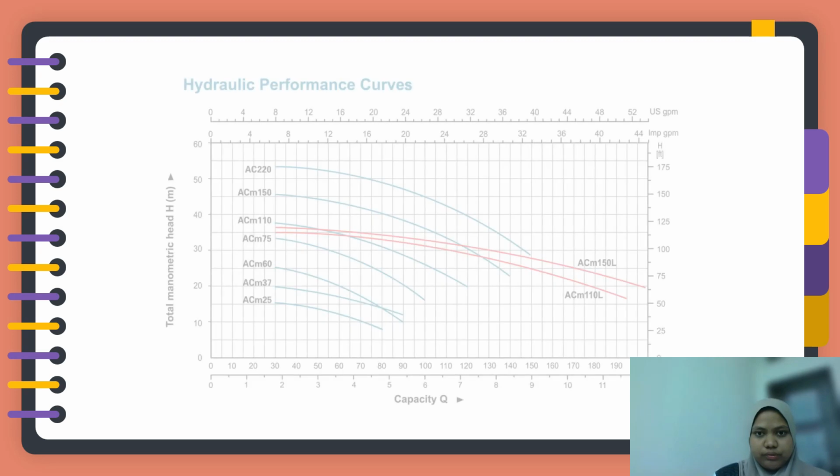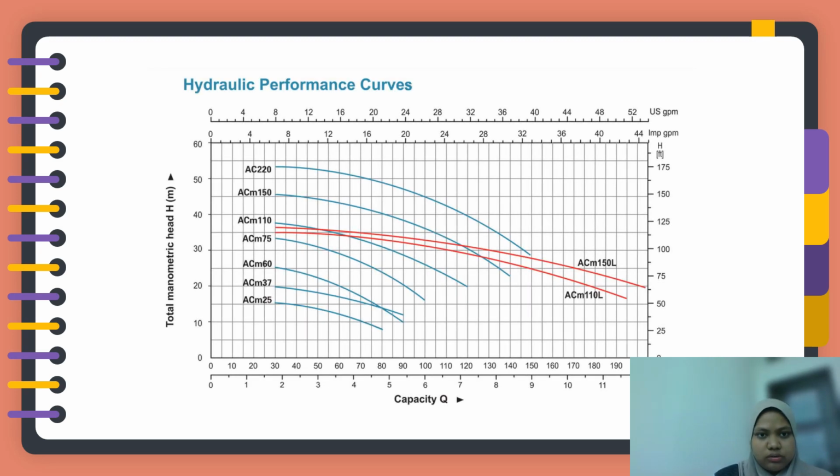So we move on to the chart. This chart is to find the head pump from the flow rate that we have calculated. First we plot one vertical straight line on the flow rate that we calculated, which is 15.1584 liters per minute.